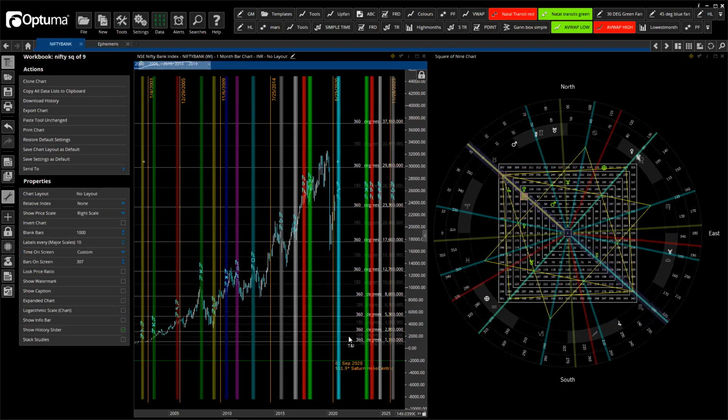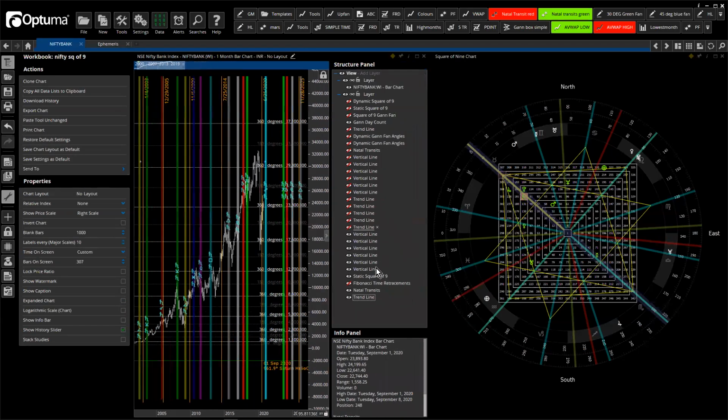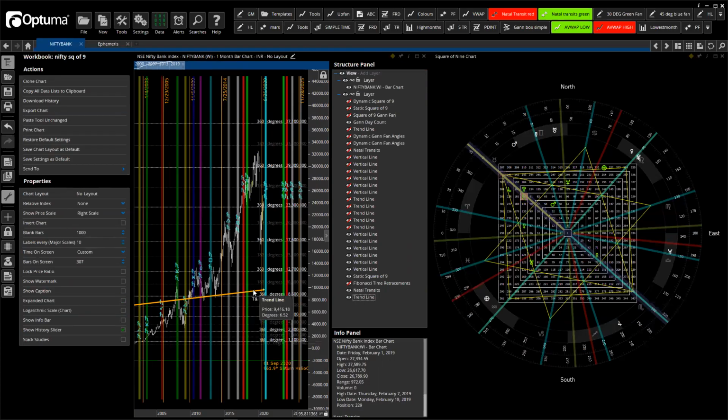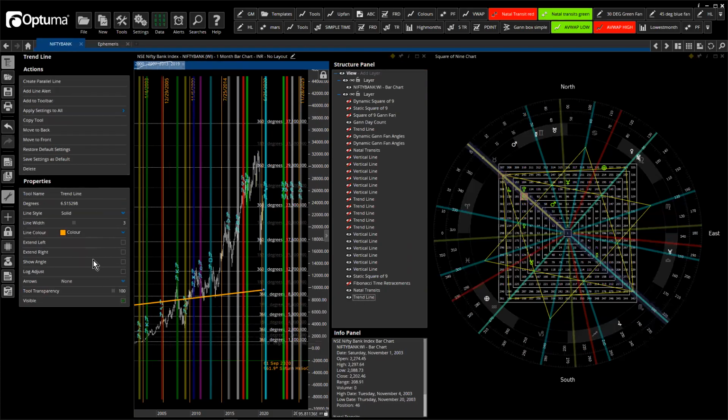Did that work? No, that didn't work. 9/1/2020. There we go. Slippery settings today. And since we technically want to see this go into the future, we could just extend it to the right.